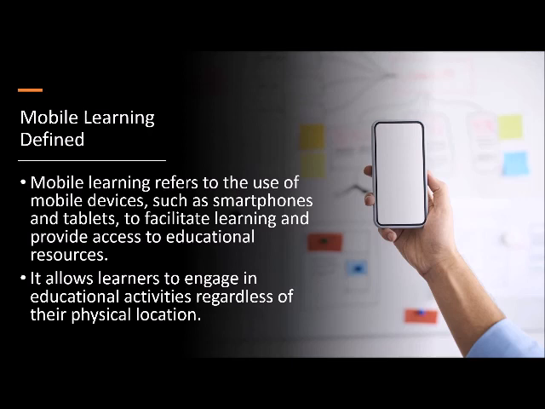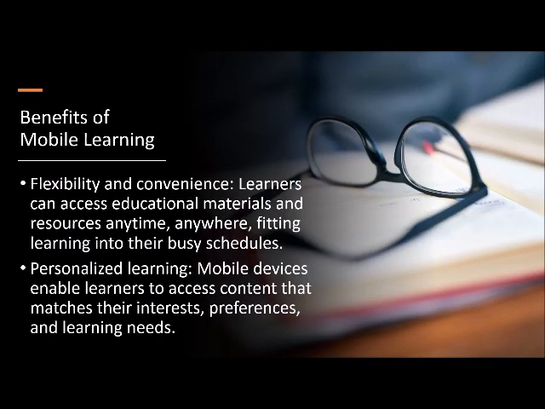Individuals can access educational resources, engage in interactive exercises, and connect with learning communities from anywhere. This flexibility breaks down the barriers of traditional classroom settings, allowing learners to study on the go, whether they are commuting, traveling, or simply in a different physical location. So that is how mobile learning works.